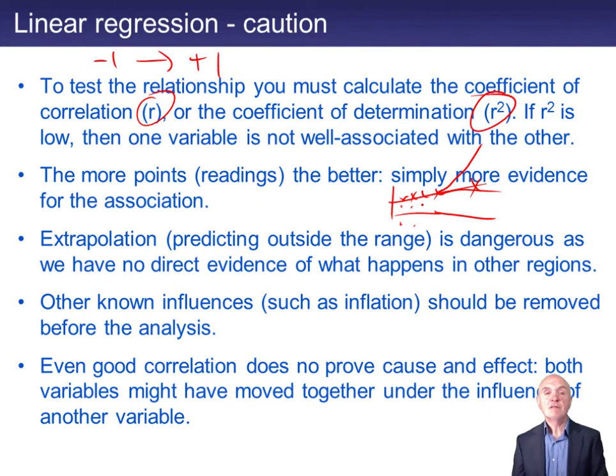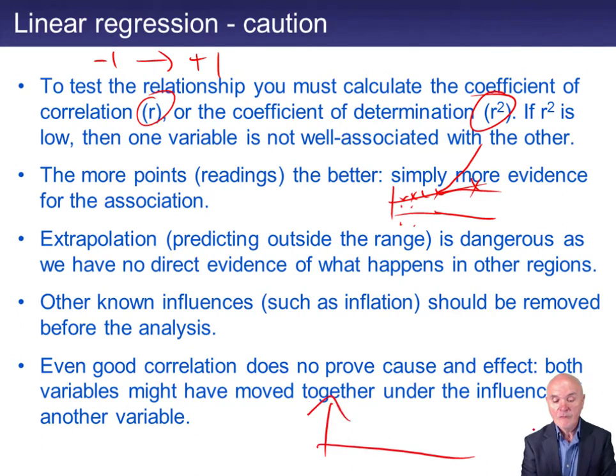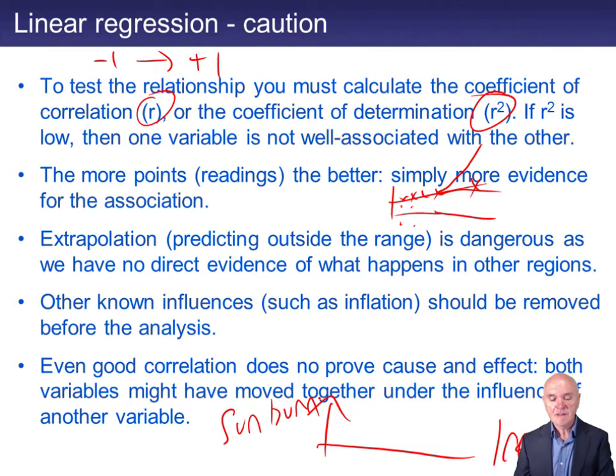And finally, remember, even good correlation doesn't prove cause and effect. Both things could move together under a common influence. For example, the common one that's trotted out here, if we look at ice cream consumption and if we look at sunburnt injuries, so people staying out in the sun too long, you probably get a straight line like that.